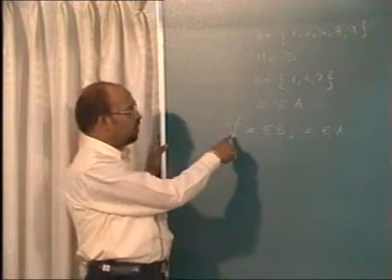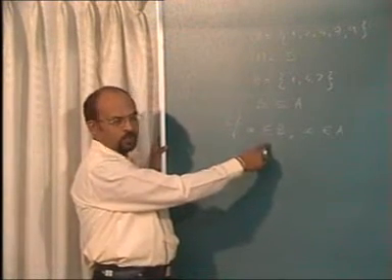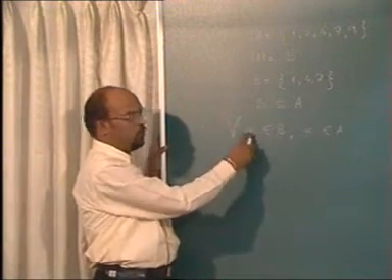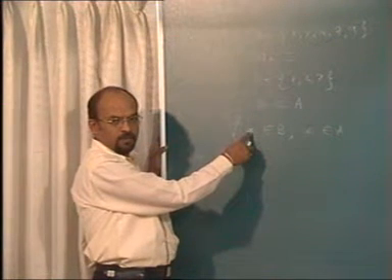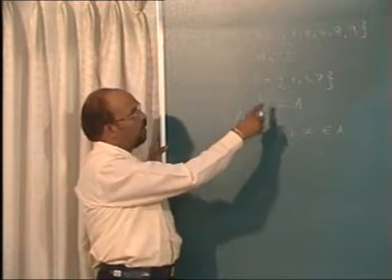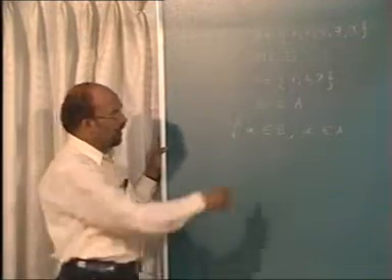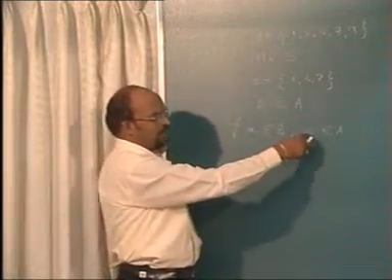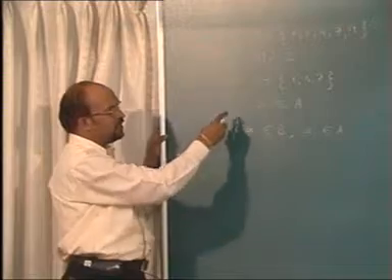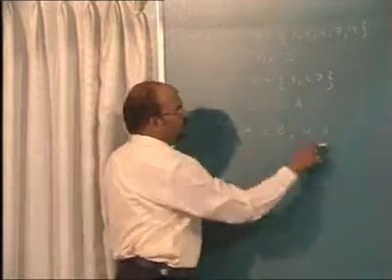This is the notation for 'for every'. 'Belongs to' is used only with an element. So 1 belongs to B, 4 belongs to B, like that. So for every X which belongs to B, X will belong to A is the definition for B being a subset of A.